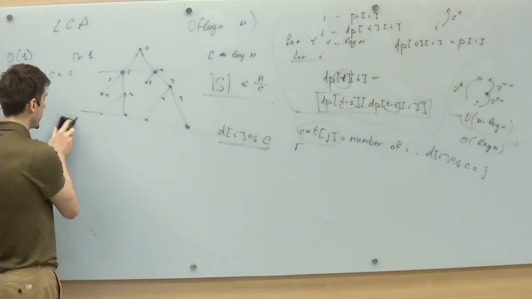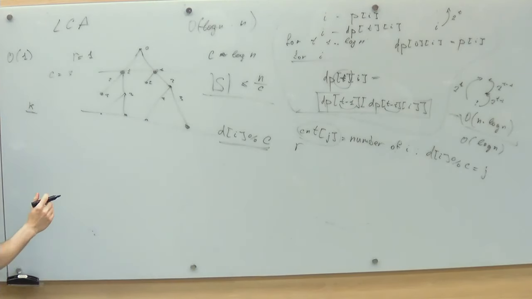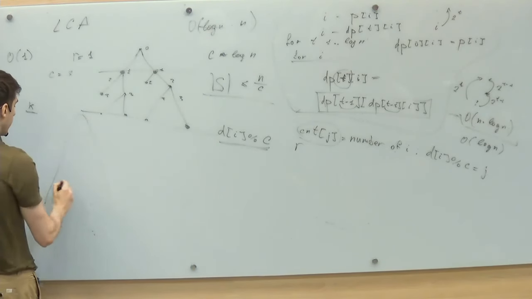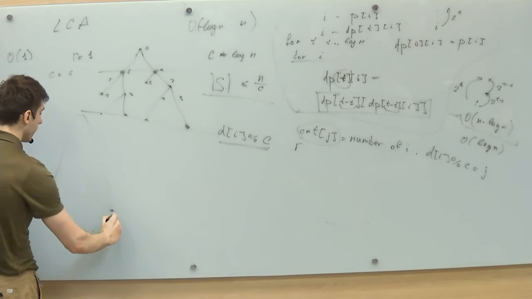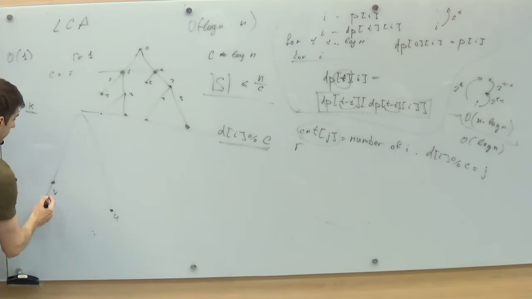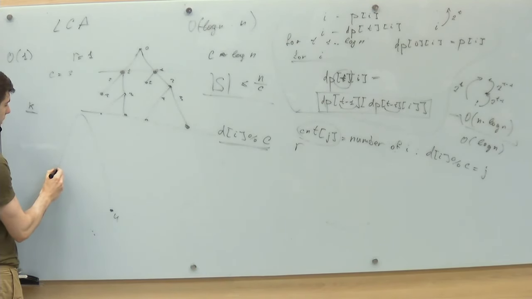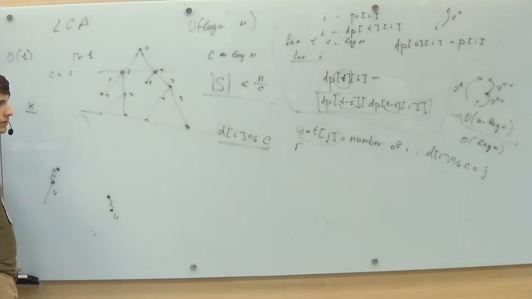What are we going to do next? If we have a query, and if our vertices are not special, we will just go up until we translate them to a pair of special vertices.